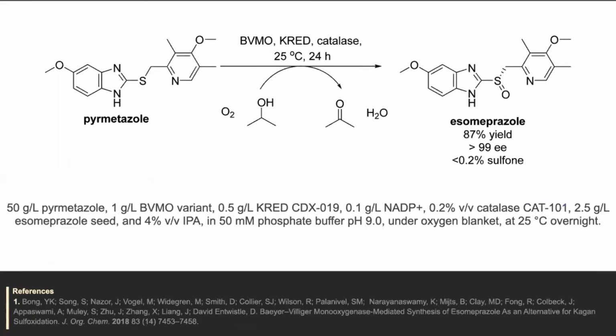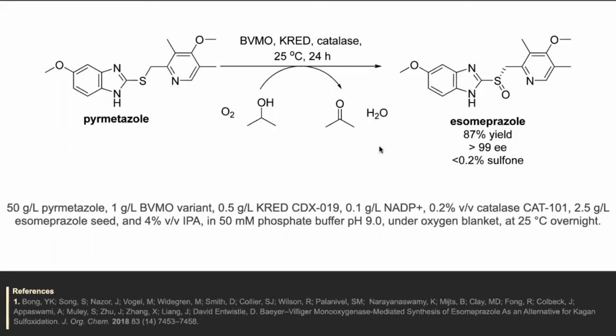Another example of engineering is a very big work from Codexis. In this case, as I mentioned before, they were interested in a sulfur oxidation reaction. The product is omeprazole, an API in blockbuster drugs used for gastric reflux.